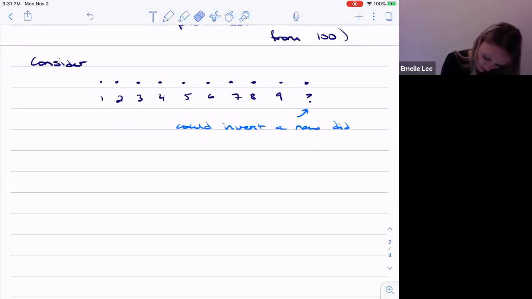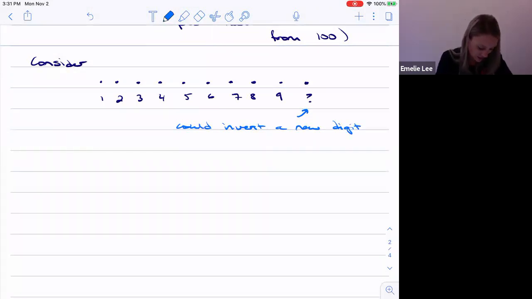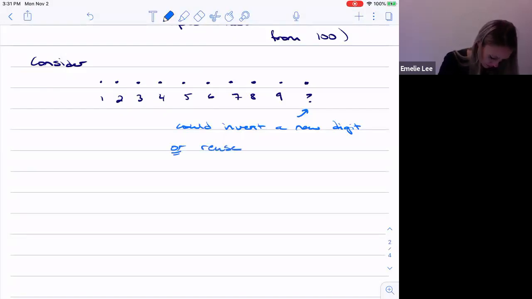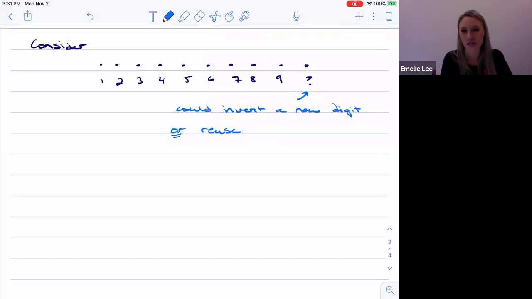Oops. Hey, spelling digit with 2 D's could be a cool way of spelling it. It's wrong. Could invent a new digit, or reuse the existing ones, which we know is what happened. We reuse the existing digits.